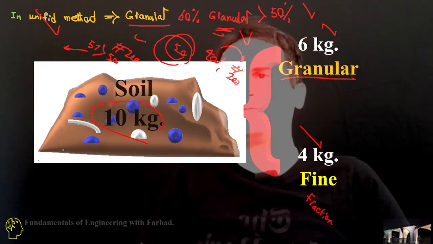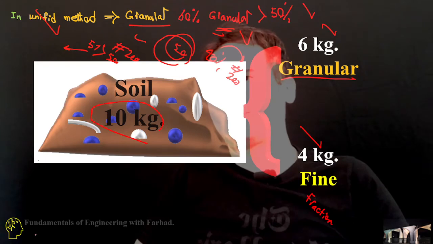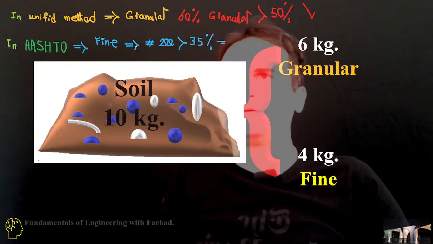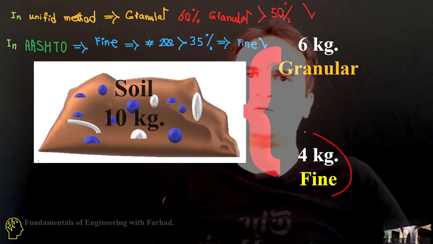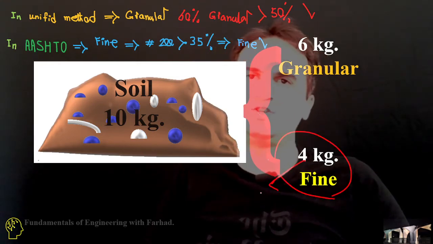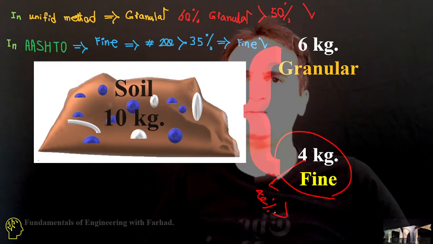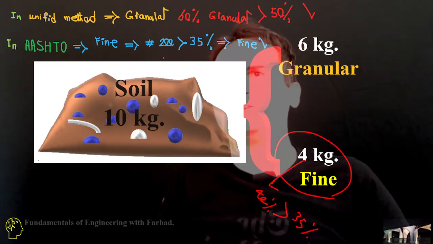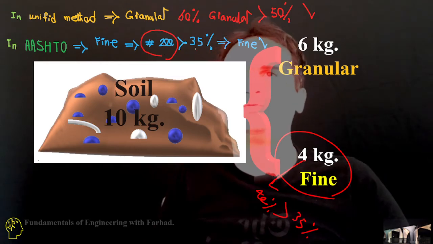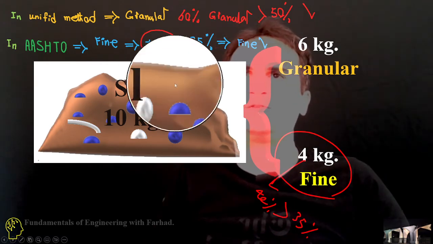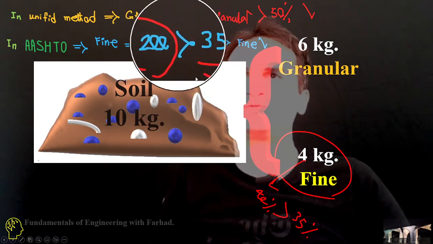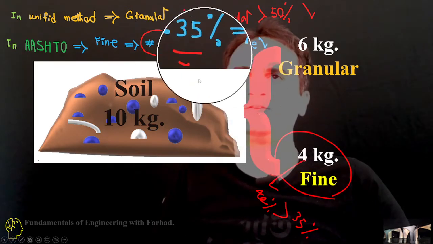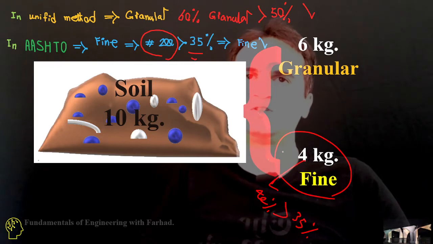While in AASHTO, because 4 kg, which is 40%, is bigger than 35%, the passing through sieve number 200, which is the fine material, is more than 35%, which is 40%.